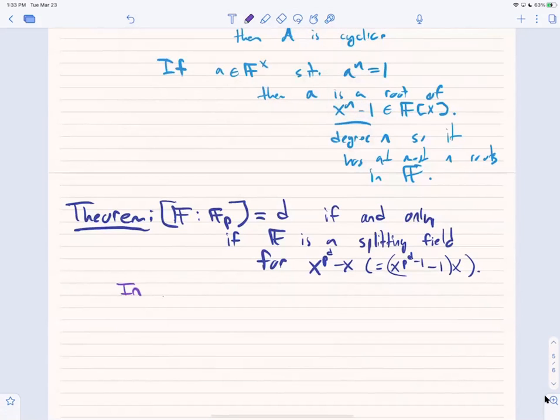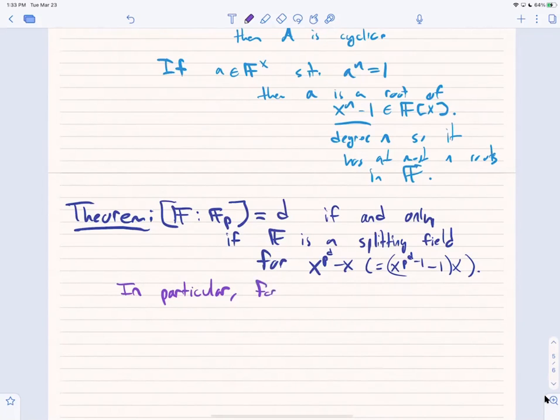In particular, the only if part says that if you have a splitting field, then it is of degree d, which means it has p to the d elements. So since we know splitting fields exist, we know there is a degree d extension. And we know degree d extensions of F_p are exactly the fields of order p to the d.